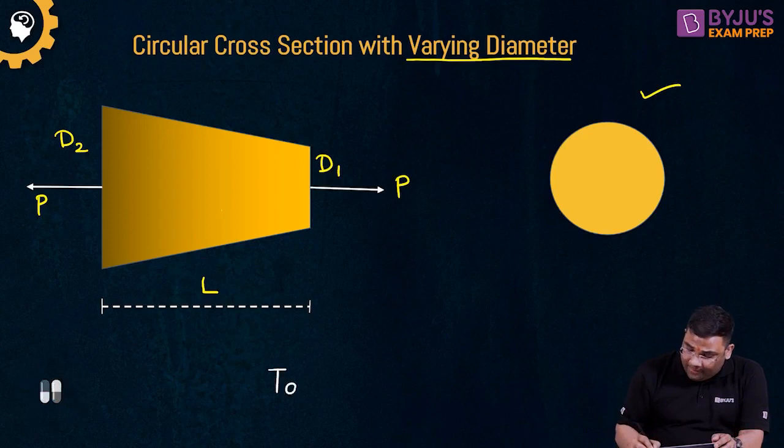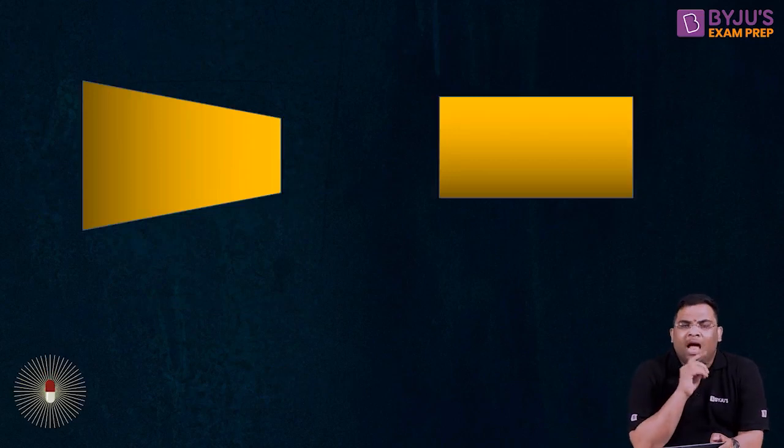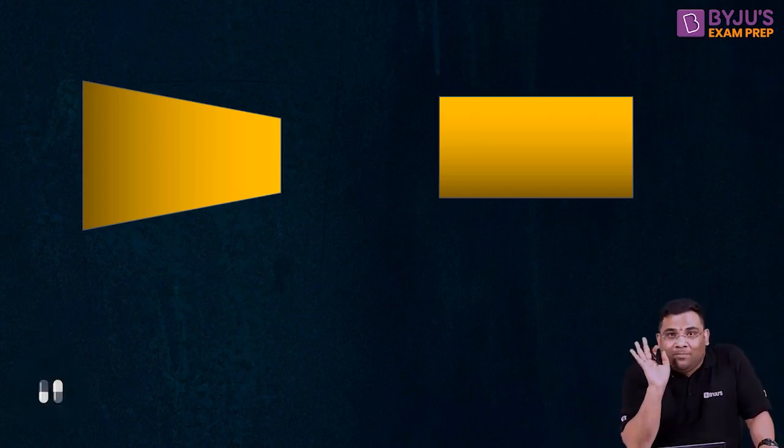I'll call this a tapered bar, where the cross-section area is changing. Why is it changing? Because the diameter is changing. So for this tapered bar, I will tell you a very simple method. All the students who are watching it live, it's very simple.